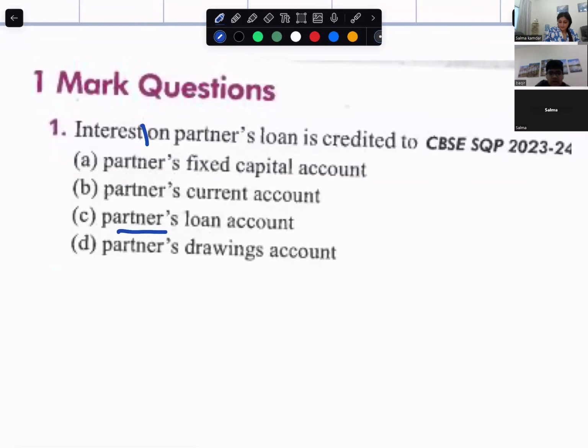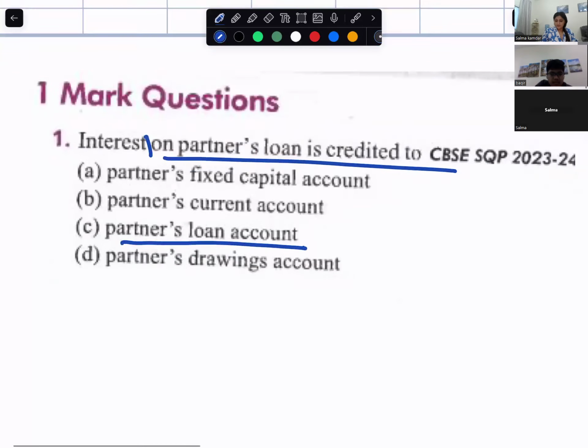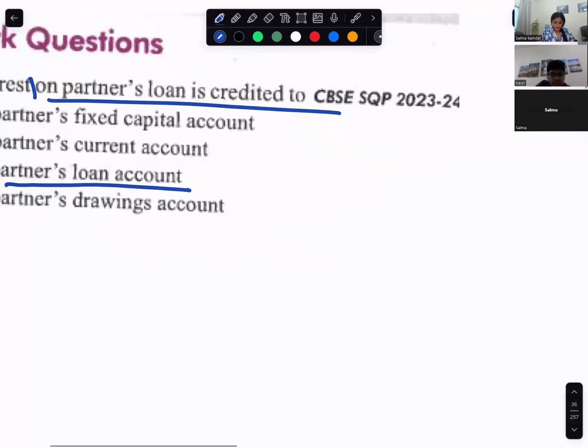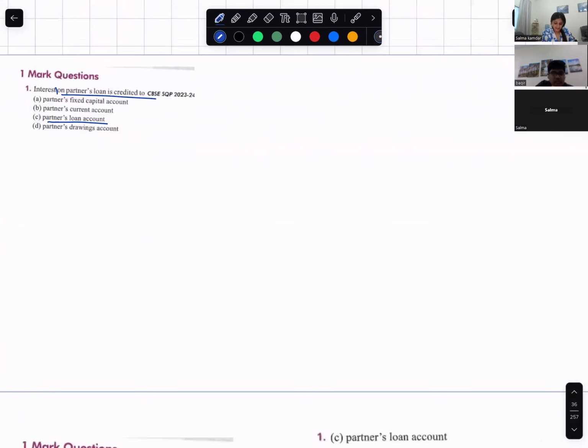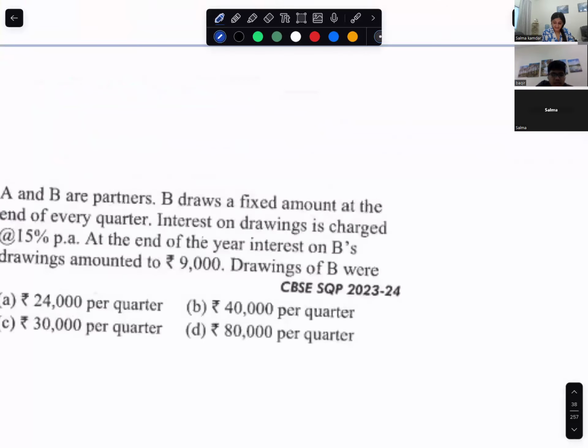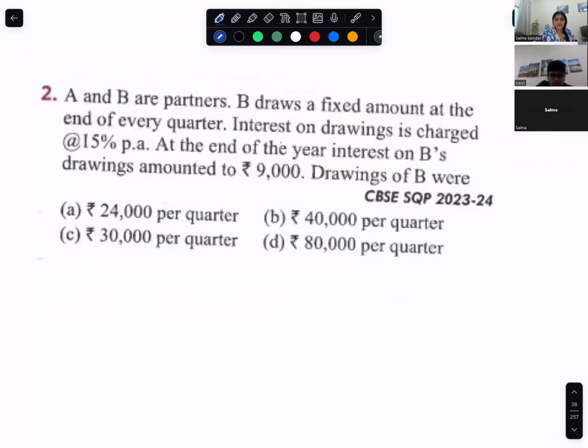It is credited to partner's loan account. Interest on partner's loan is credited to partner's loan account. You should know these things. These are the very, very basic things. Now try this. Once you're okay with it, you give me the answer.